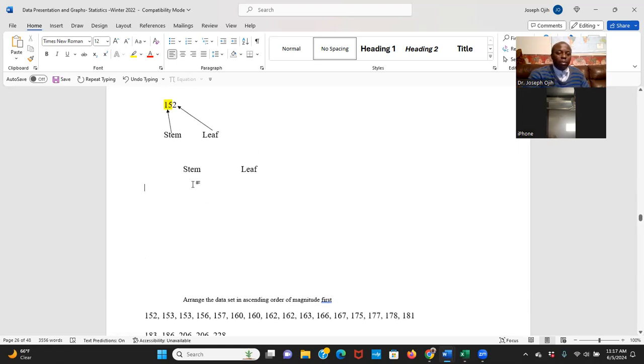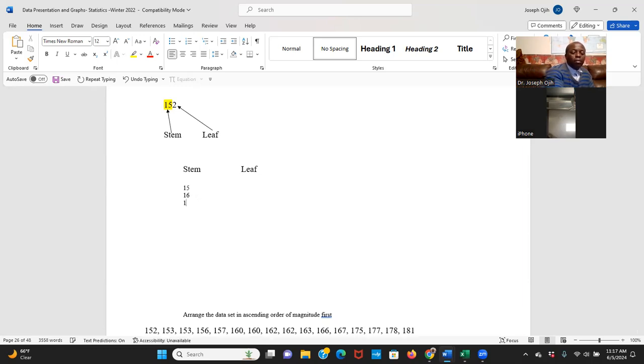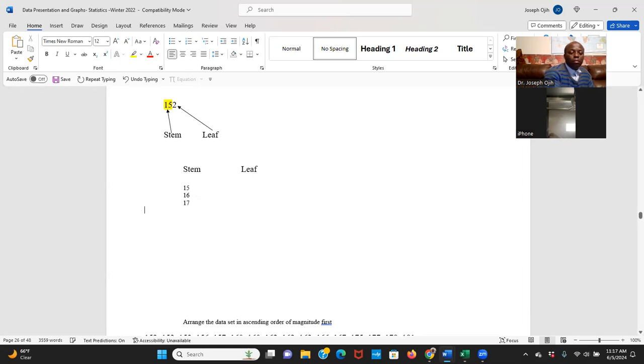So that means our stem will be 15, 16, 17, 18, 19, 20.